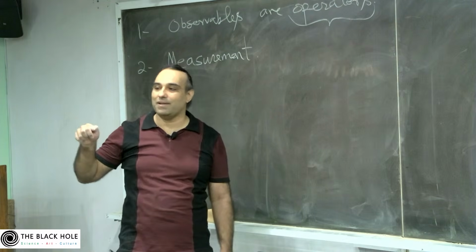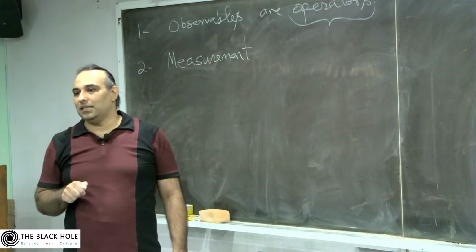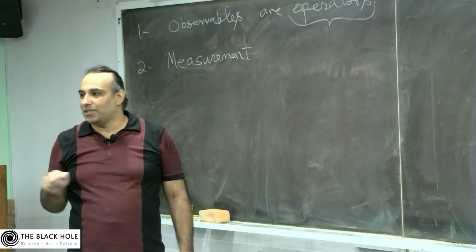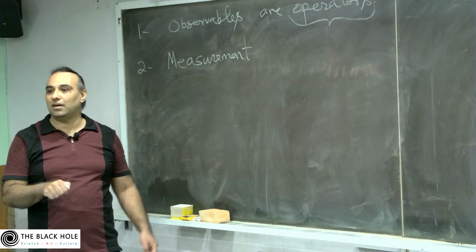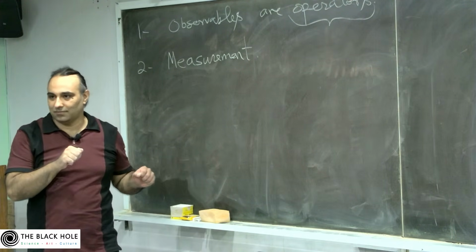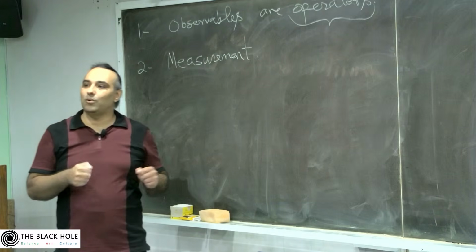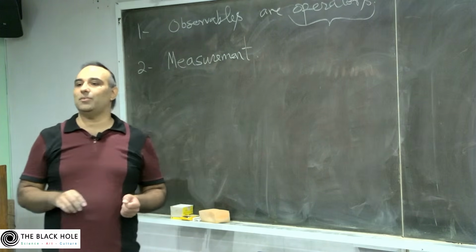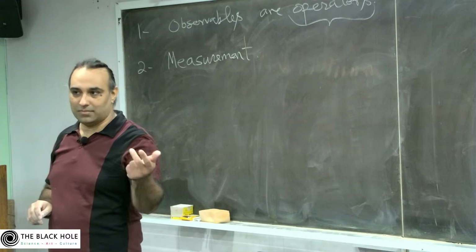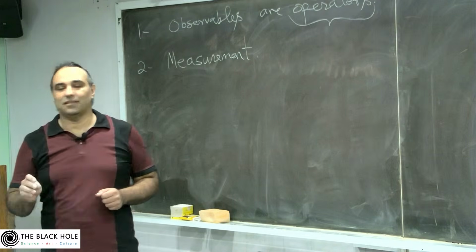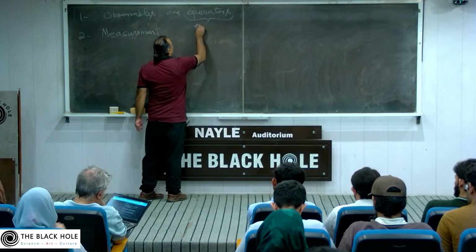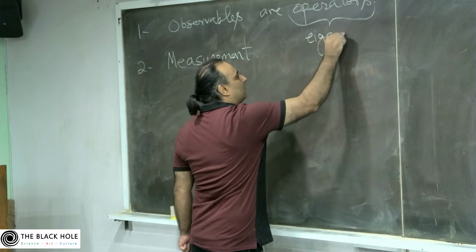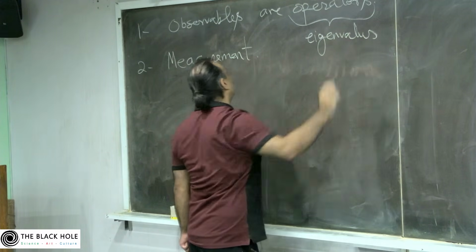Suppose we like to measure energy, then the only possibilities that we can get are from the spectrum of the energy operator, the Hamiltonian. If we want to measure momentum, again the only possibilities are the spectrum of the momentum. The spectrum here means eigenvalues and eigenfunctions. Let's focus on eigenvalues.